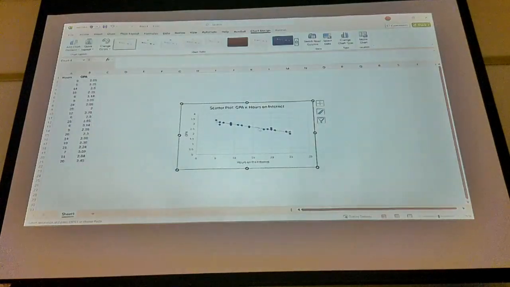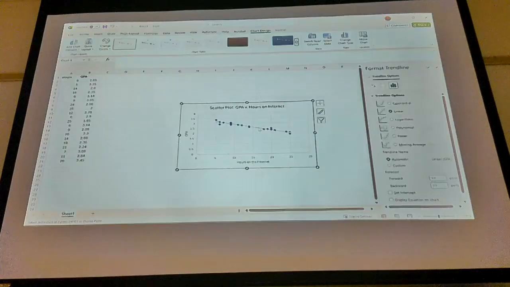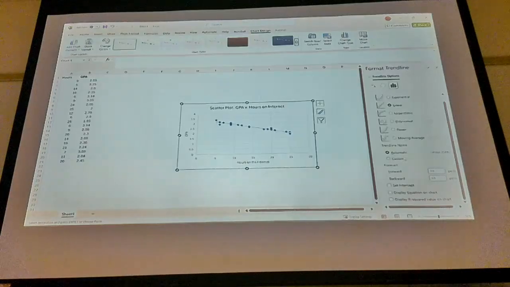If you double click on the line, you notice this comes up. So here you can change the type. What I'm interested in is if you come all the way down, second from the bottom, display equation on chart. Click it. There's your equation.